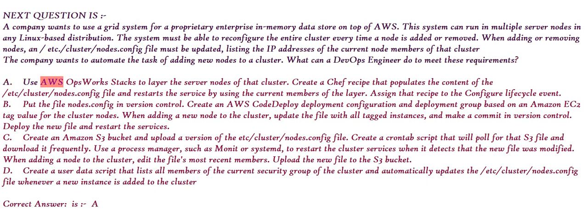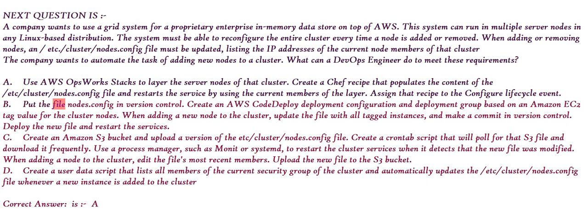A. Use AWS OpsWorks stacks to layer the server nodes of that cluster. Create a Chef recipe that populates the content of the /etc/cluster/nodes.config file and restarts the service by using the current members of the layer. Assign that recipe to the configure lifecycle event.